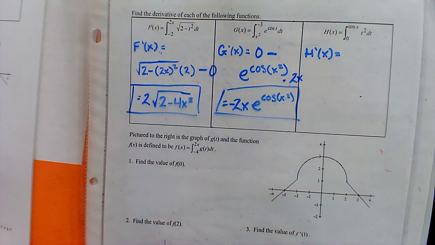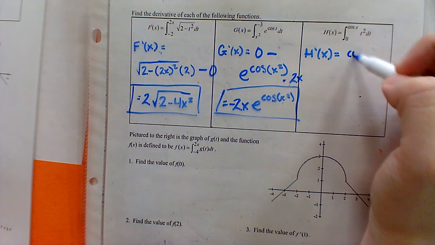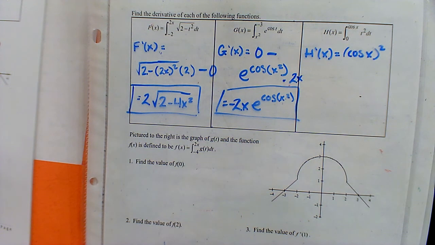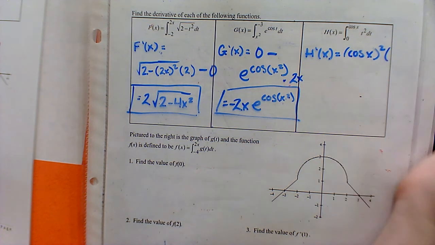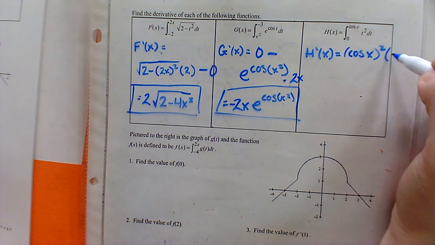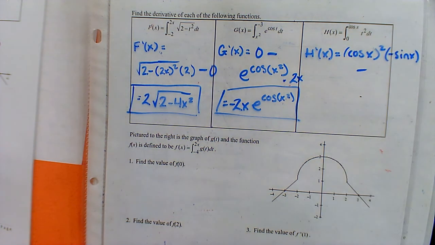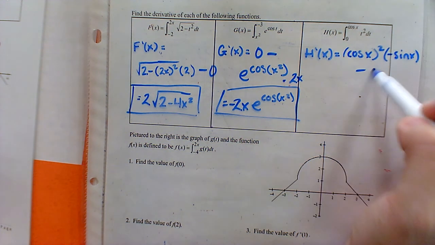Derivative of an integral goes away, but we still got to check the bounds. Plug in the top bound. We'll have cosine of x squared times the derivative of the top bound. Derivative of cosine, we got negative sine. Then we have to subtract what we get when we plug in the bottom bound times the derivative of the bottom bound, 0.